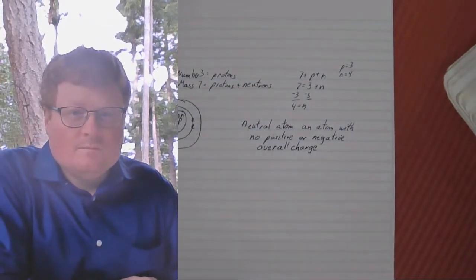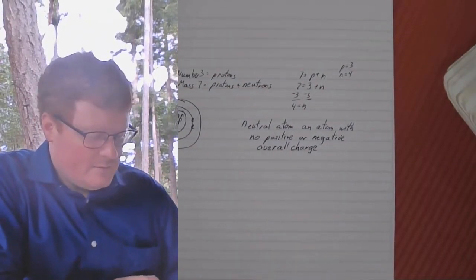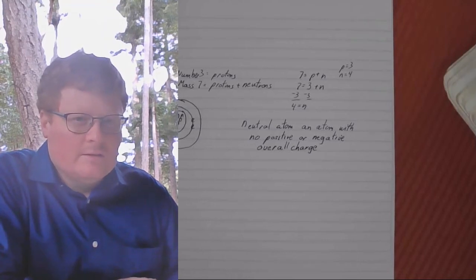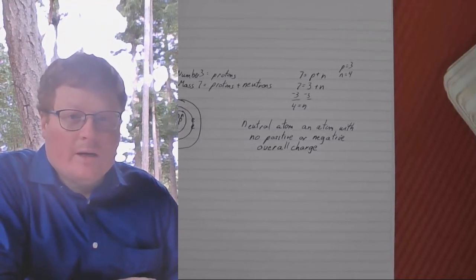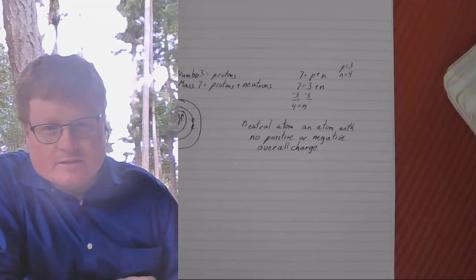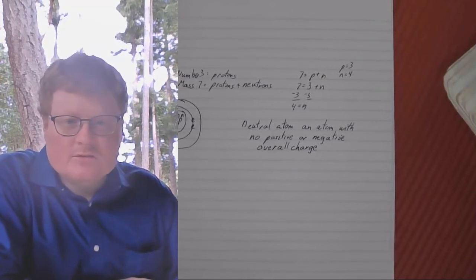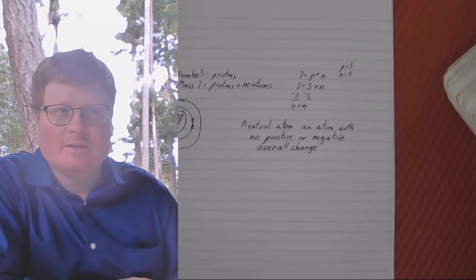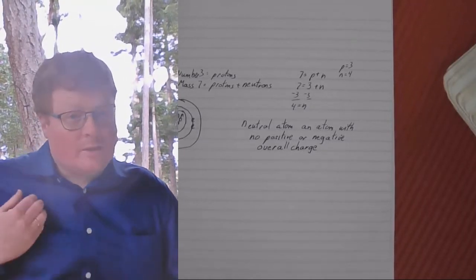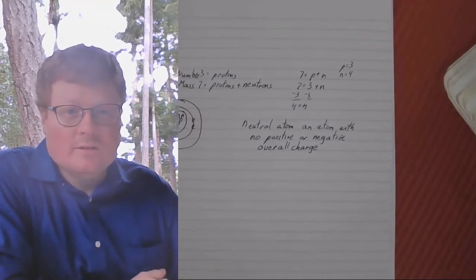So, protons and electrons cancel each other out. Every positive proton cancels a negative electron. So, when you go through and count up protons, neutrons, and electrons, you have to see if protons and electrons balance out. If they don't balance, then it might have a charge, positive possibly, or a negative.